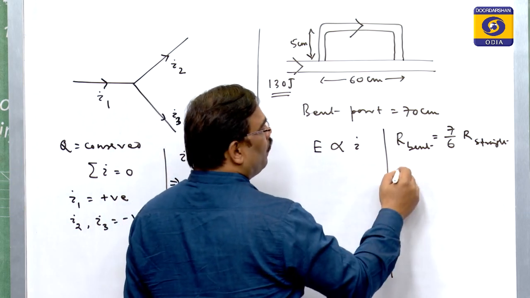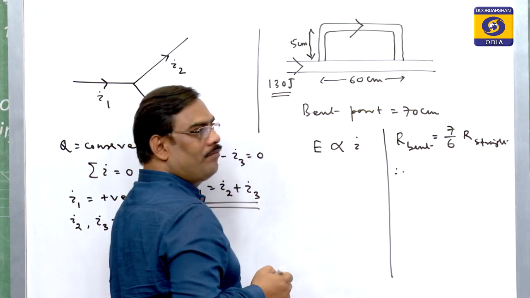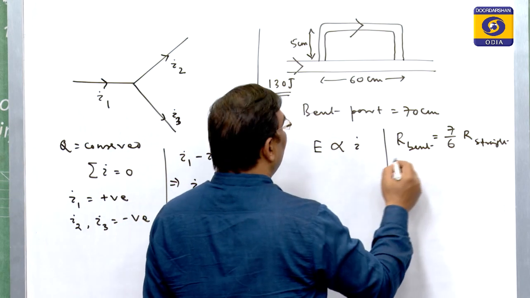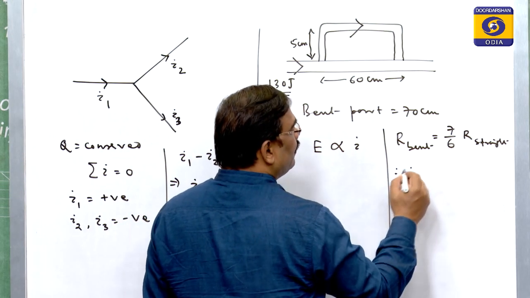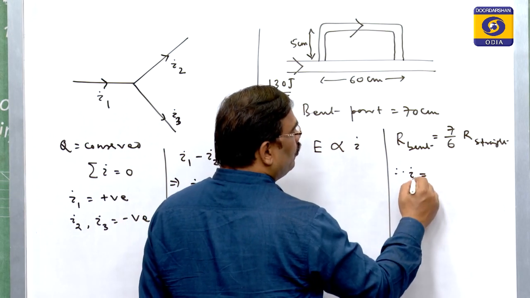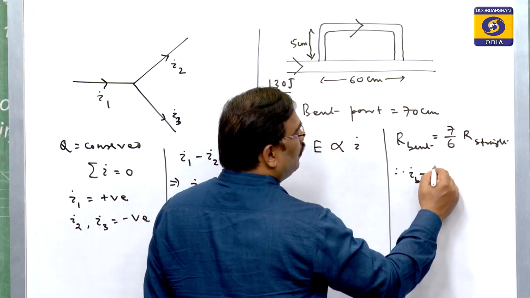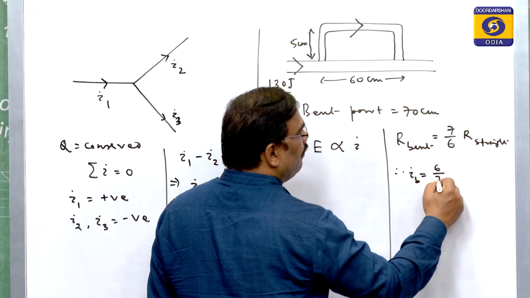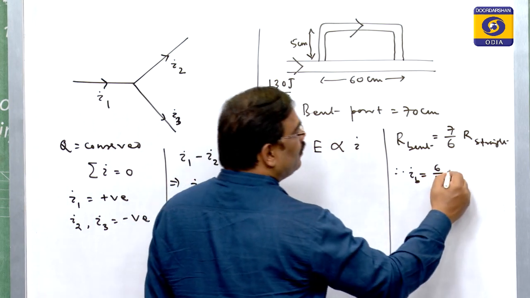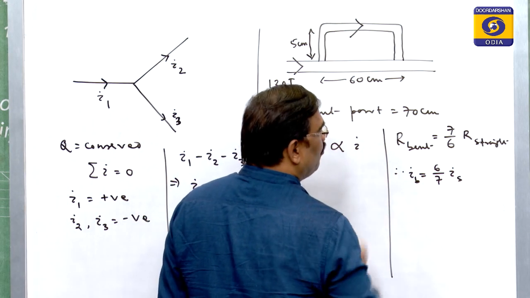So, therefore, my current I through the bent part will be equal to 6/7 times the current in the straight part.